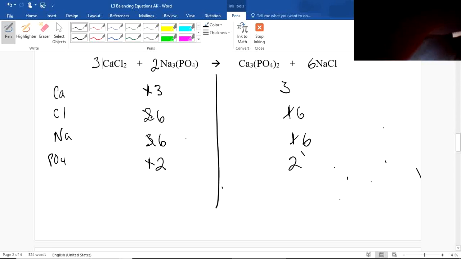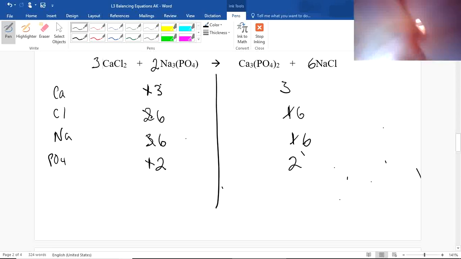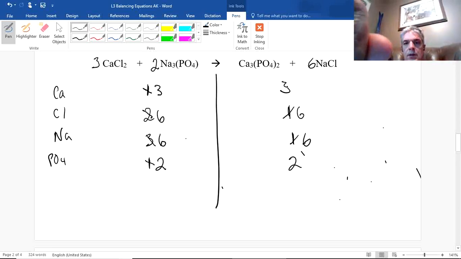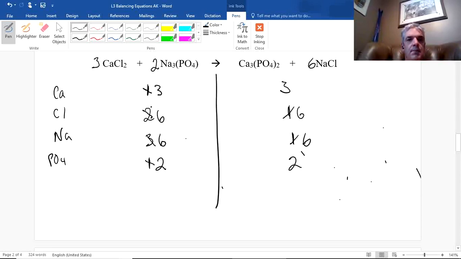So 3 calciums here, and 3 calciums here, yep, that's 3. Then I have chlorine. I have 2 chlorines times 3 makes 6. How about over here? Oh yes, 6 chlorines, 6 times 1.